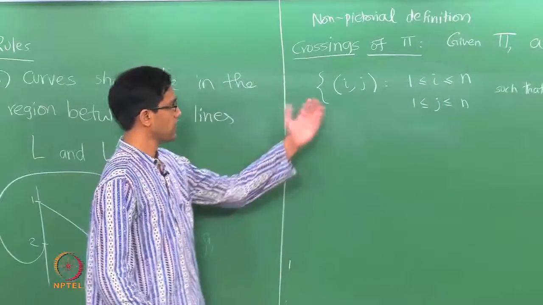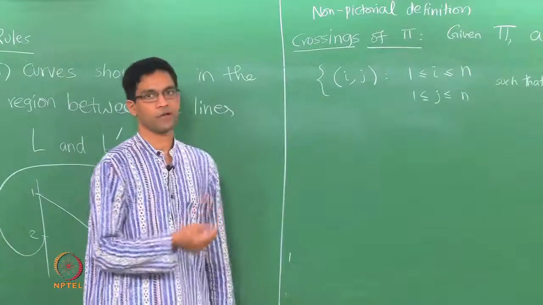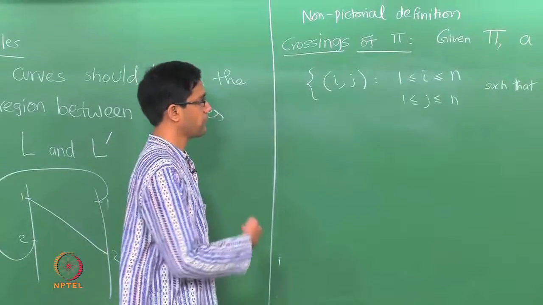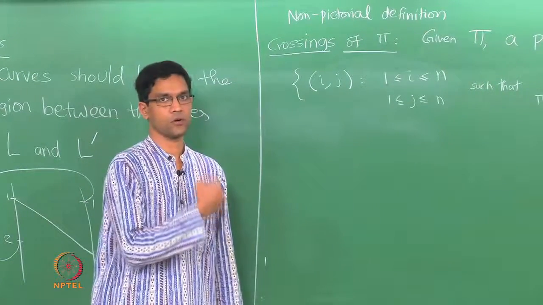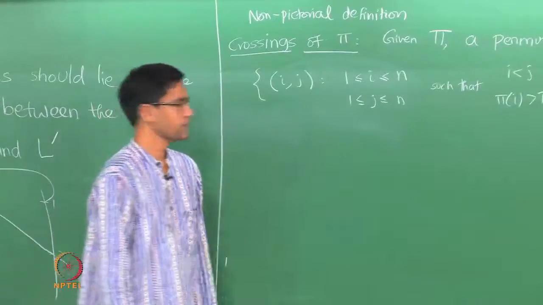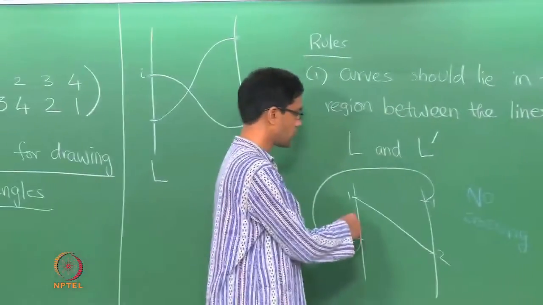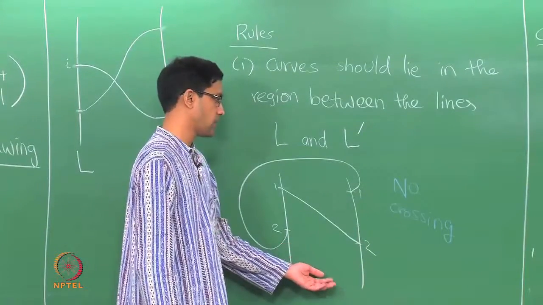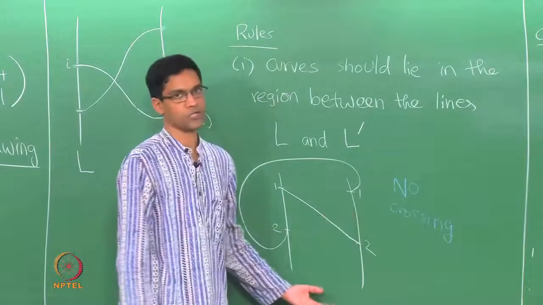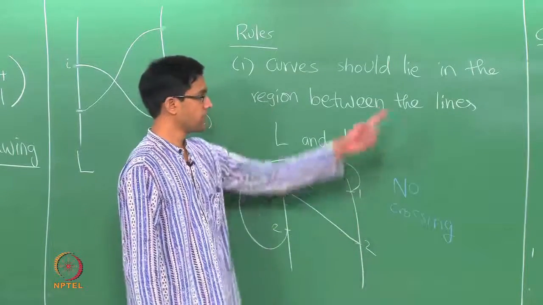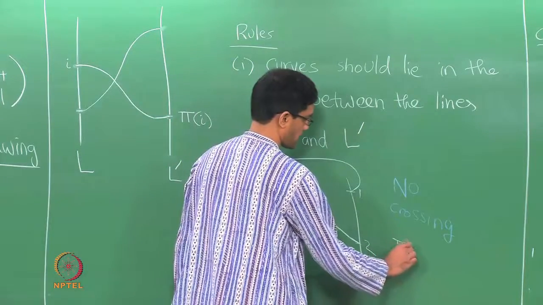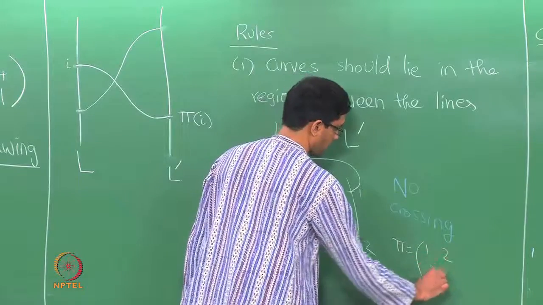Okay, so this is exactly what we would want to understand by crossings or inversions, but when we draw pictures, we want the pictures to correctly capture this notion. So if you allowed the curves to go outside this region R, then here's a perfectly legitimate picture, but it fails to show a crossing between these lines, when in fact there is a crossing, because this permutation pi here is just a permutation which sends 1 to 2 and 2 to 1.